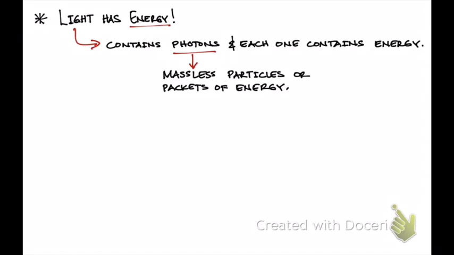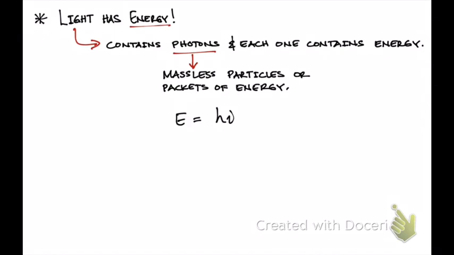There's another physicist that did a lot of theoretical research regarding the nature of light and how that's related to energy. And his name was Max Planck. So Max Planck was able to introduce this new equation that relates energy and frequency. So the energy of light and frequency of light are both related via this mathematical equation.